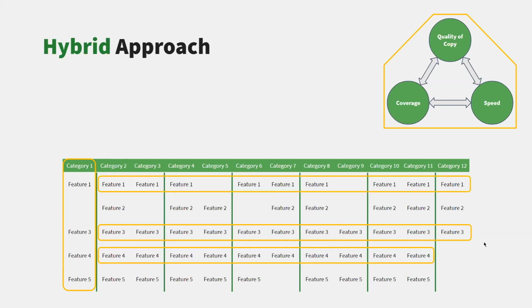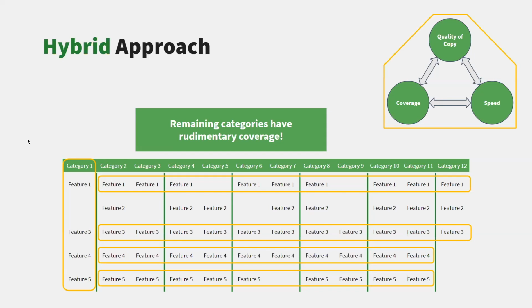But this time, we have a category that is very well texted, that can prove the quality. And in the time we usually would use for one second category, we have coverage for all of the portfolio. So you pretty much got all three pillars. You got coverage, you got speed, and you got quality of copy, all proven in the time that it would use for only two categories in the classical approach.